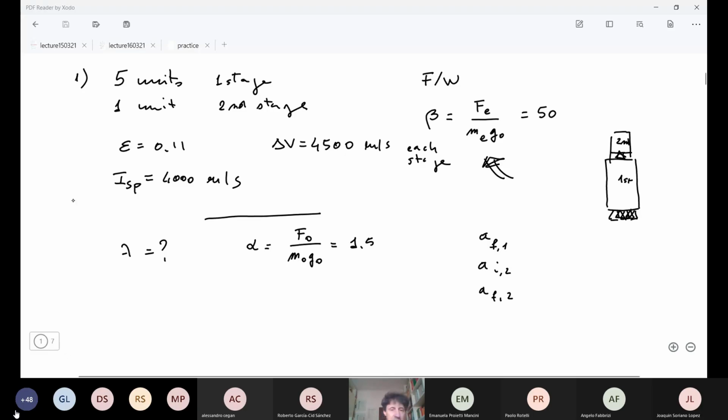In general, the initial mass will be given by the payload, the propellant, and then the inert mass, which in this case we can partition in one part proportional to propellant mass, which we call MSP, and another part of the inert mass, which is related to the engine.